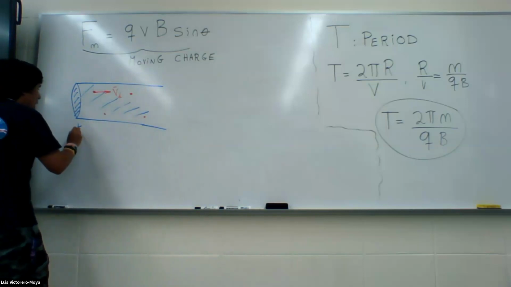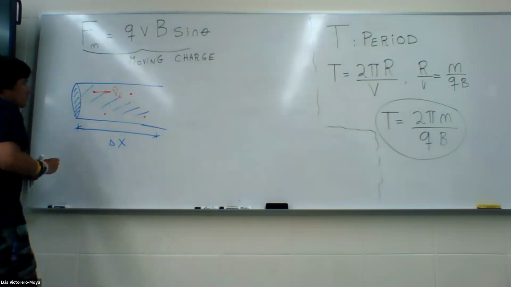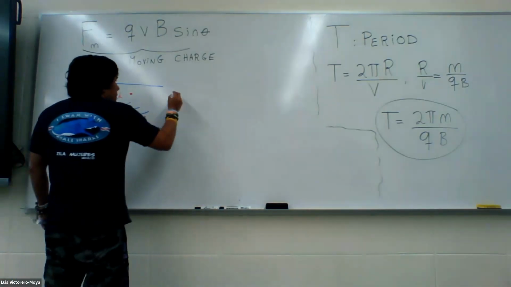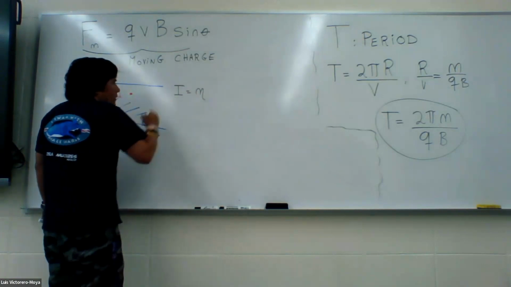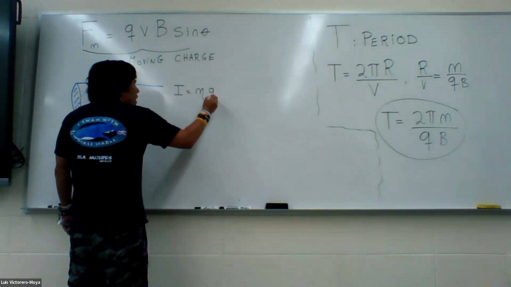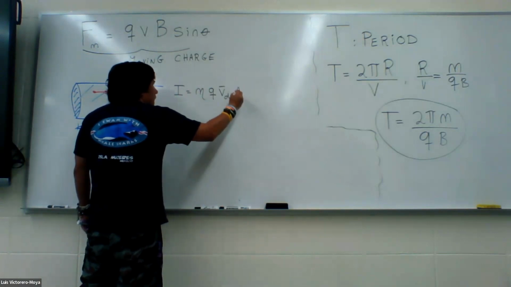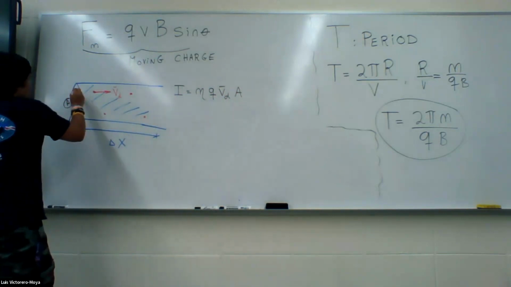It depends on the delta x. All right. So then we define current as the density of carriers, charge, drift velocity times the area. Right? The area here.